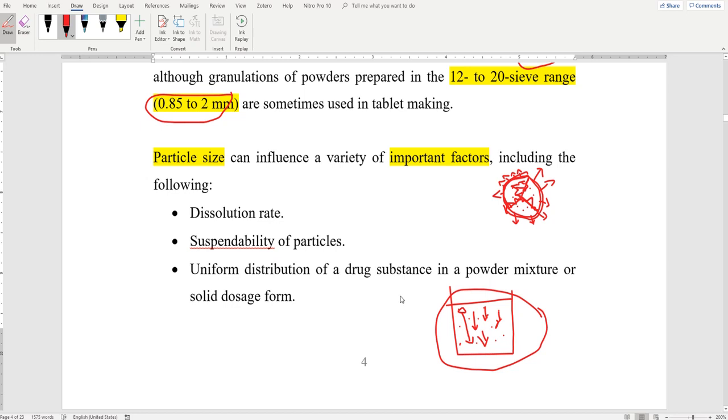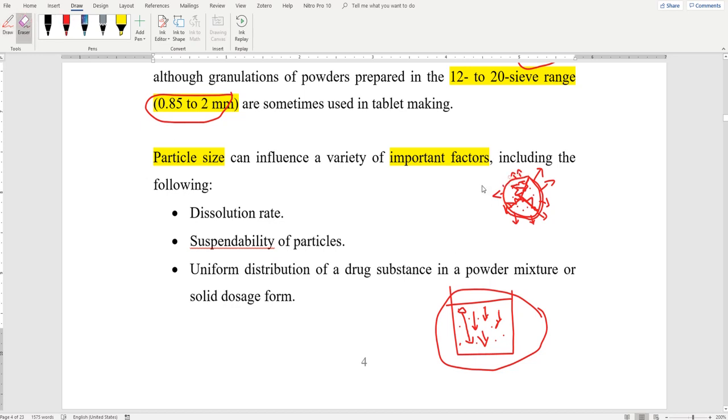Stokes found that the rate of sedimentation is proportional to the square of the diameter of the particles. So if the diameter of the particle gets a little bit larger, the speed of sedimentation will be affected significantly. It means the effect of diameter is very strong.